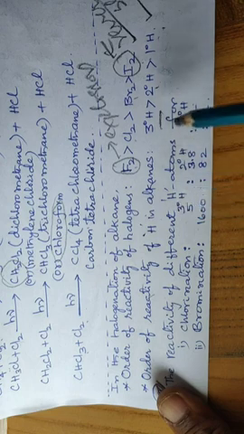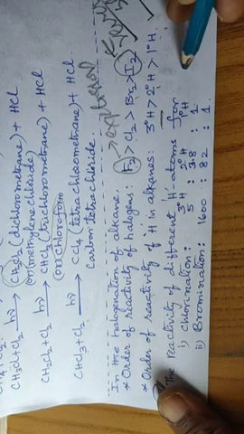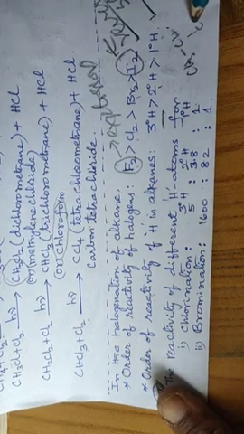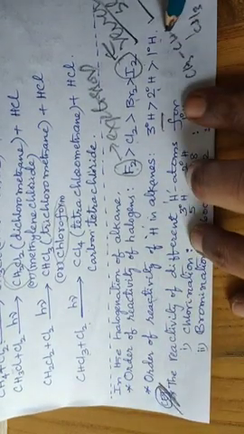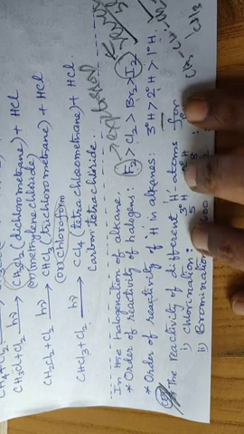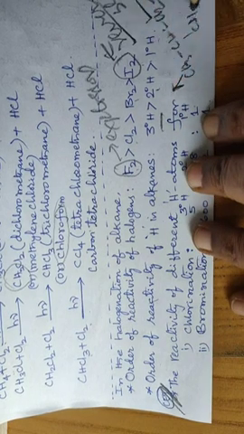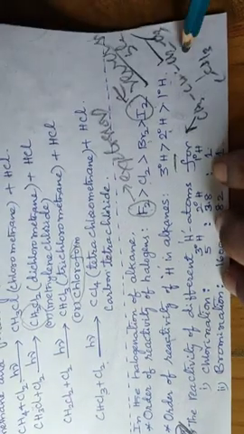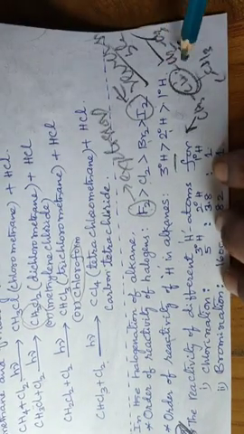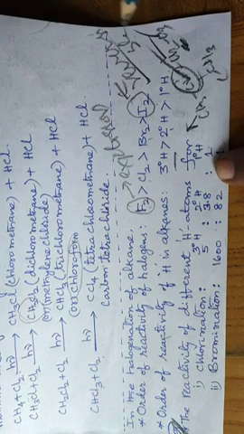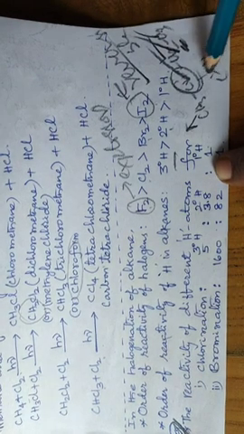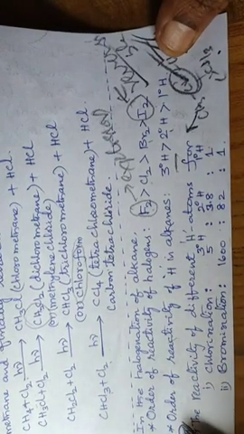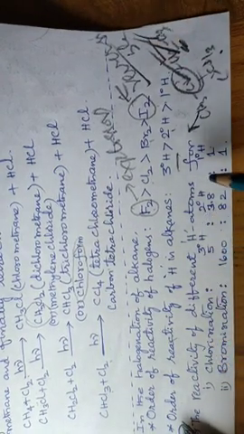Suppose you take CH3, CH, CH3, CH2, CH3: there are 9 primary hydrogens, a secondary hydrogen, and this is a tertiary hydrogen. So tertiary hydrogen is more reactive than secondary, which is more reactive than primary hydrogens. That is the information provided for the competitive point of view.